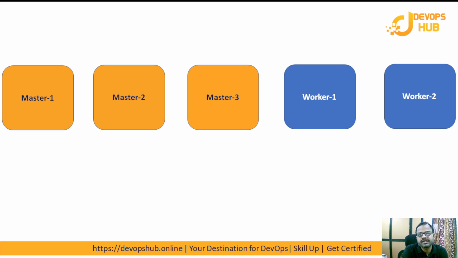We are trying to set up a 5-node Kubernetes cluster where 3 are master nodes: master 1, master 2, master 3. And we are going with 2 worker nodes where our actual Kubernetes workload is going to be deployed, right? So in this perspective, we can interact with our Kubernetes cluster using our kubectl tool with master 1, master 2, master 3 simultaneously.